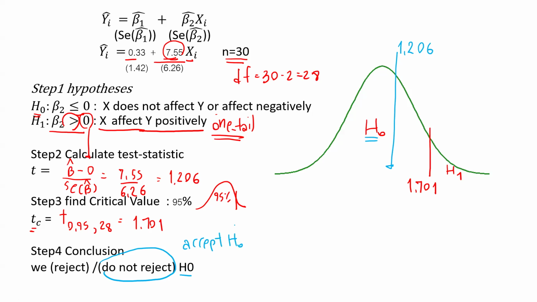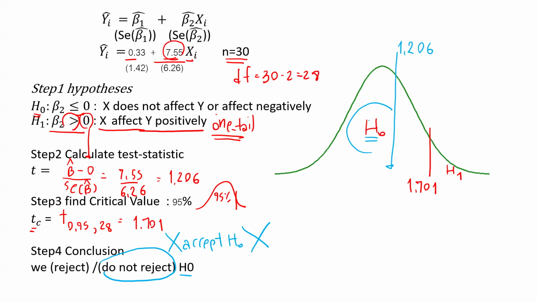Can I write it? No, don't write this. You cannot write accept H0. You can say only reject or not reject. So you would like to summarize H0, but you have to say you do not reject H0.